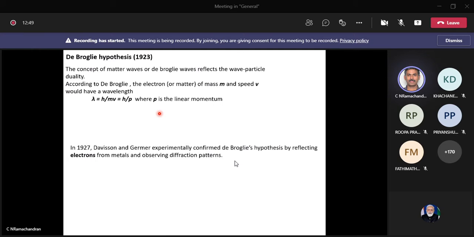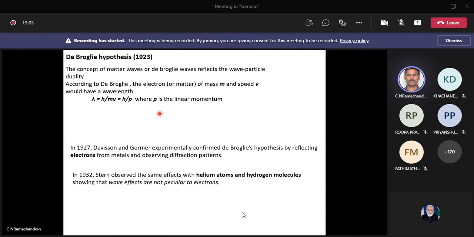Okay, so although it was mentioned for electrons, later, not only for electrons but for some other very small particles also, experiments have proven that it is possible.